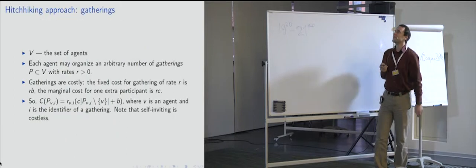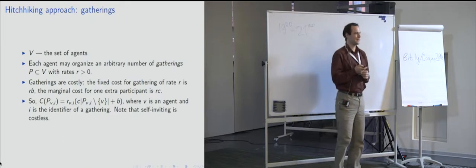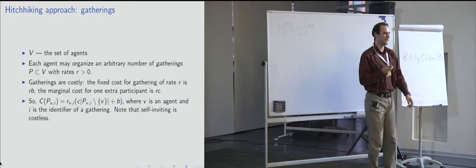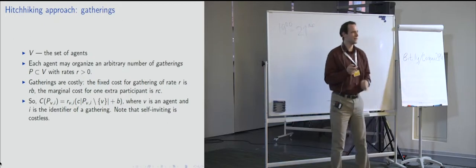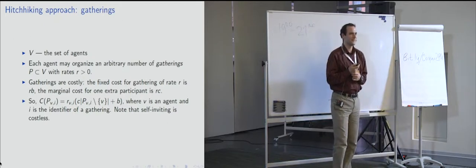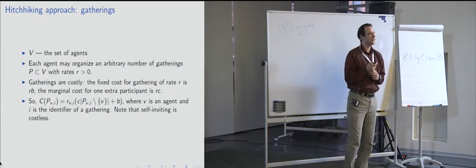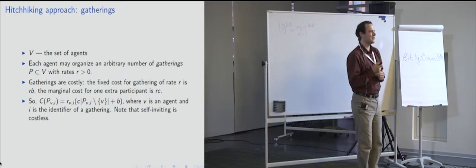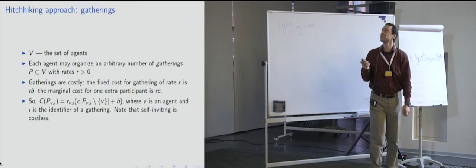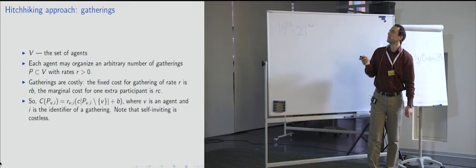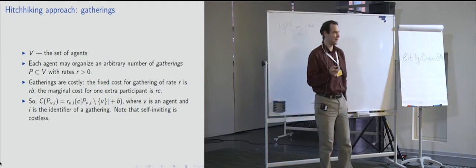Okay, so now let me specify the model. There is a finite set of agents, and each agent may organize a gathering. A gathering is just a subset of the whole set of agents, and each gathering also has a characteristic called rate, which is just a positive number. All these gatherings are costly.